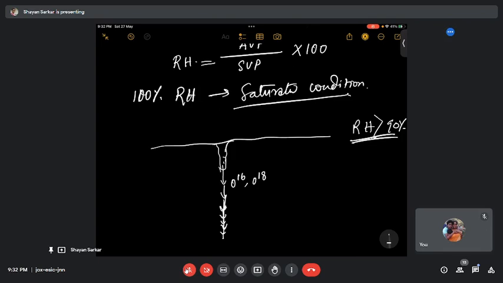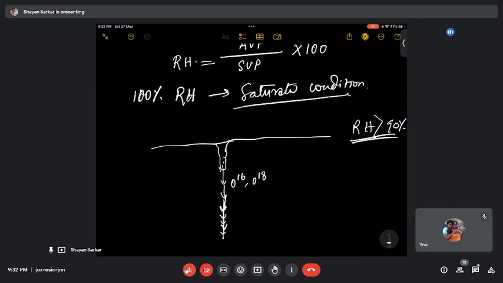We often see that O18 is going down and O16 is evaporating because it is lighter. But when the relative humidity reaches more than 90%, then both O16 and O18 cannot evaporate.